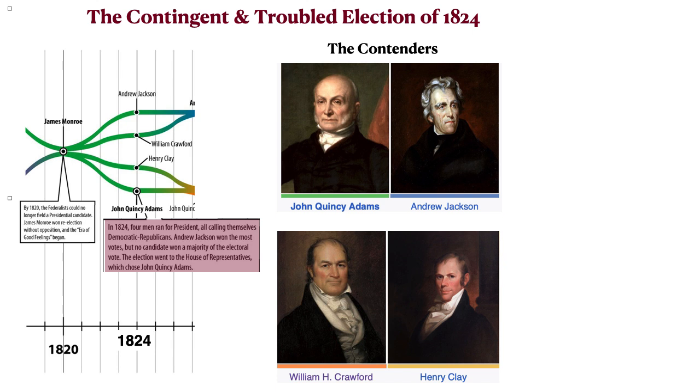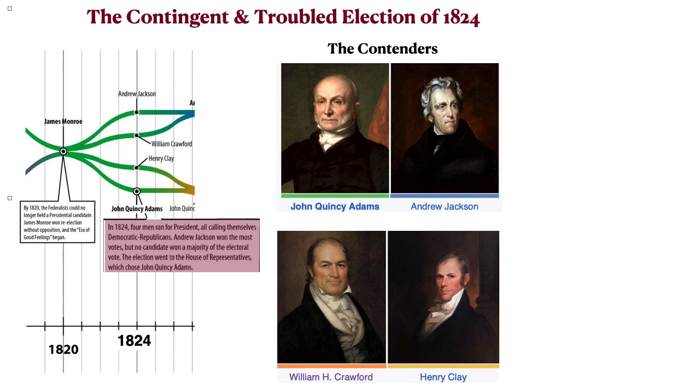Anyway, they're all running and making deals, and it's quite a complicated situation, and it results in an election in which no candidate gets a majority in the Electoral College. It goes to the House of Representatives.